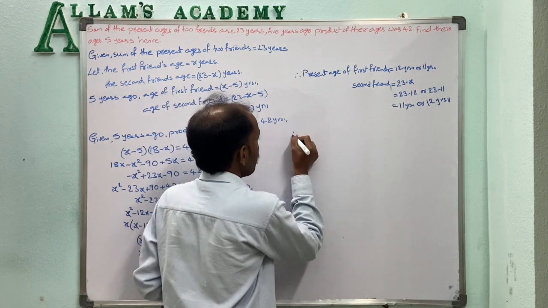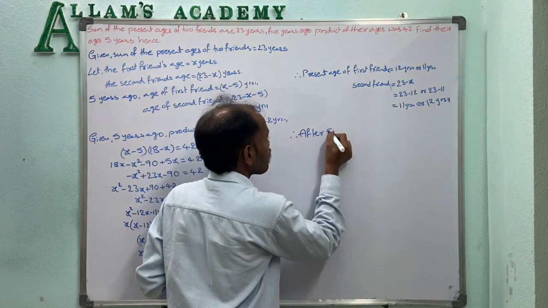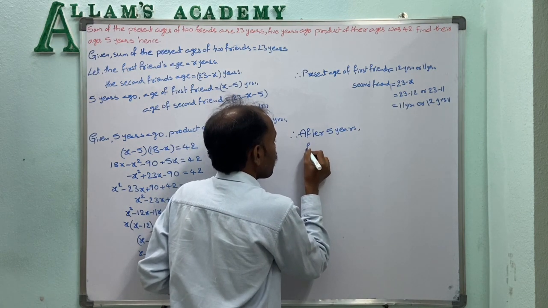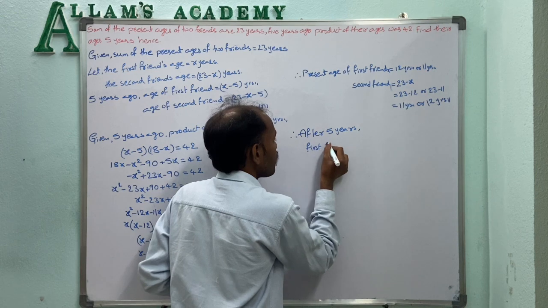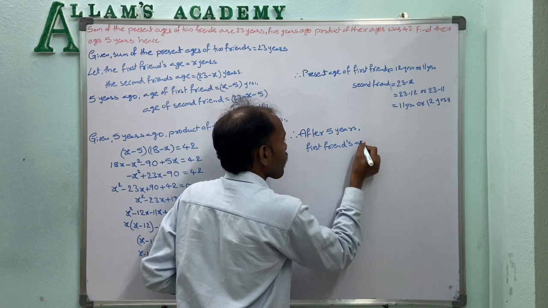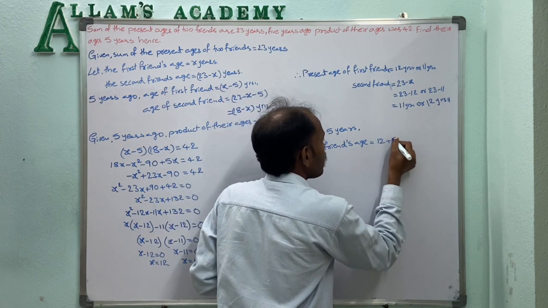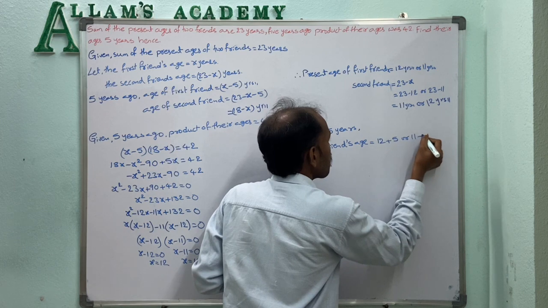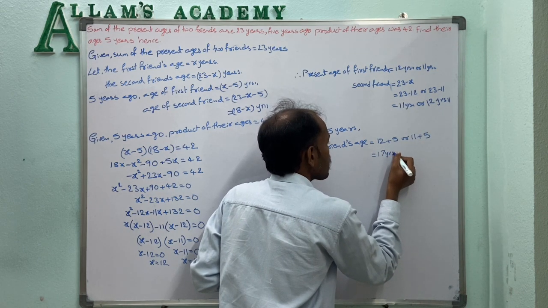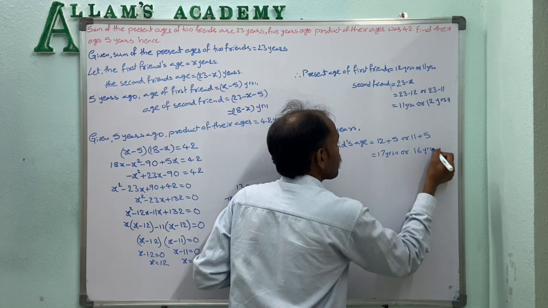So after 5 years, the first friend's age is 12 plus 5, otherwise 11 plus 5. 12 plus 5 equals 17, otherwise 11 plus 5 equals 16 years.